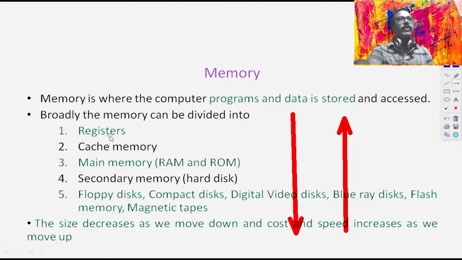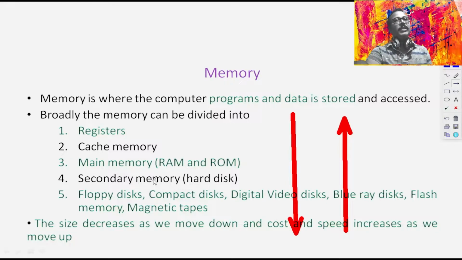We don't have control over registers and cache memory; the only thing we can do is purchase an appropriate computer. But main memory and secondary memory you can control, in the sense that you can increase or decrease them to some limited extent.